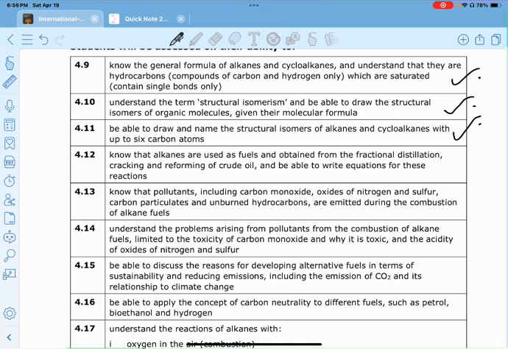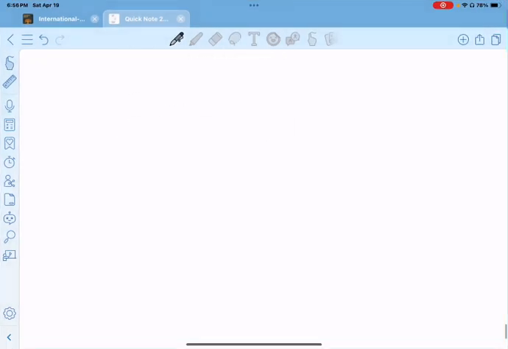Know that alkanes are used as fuels and obtained from fractional distillation, cracking, and reforming of crude oil, and be able to write equations for these reactions. So fractional distillation is basically distilling. When you distill crude oil, it will give you different stuff. What are we talking about here?